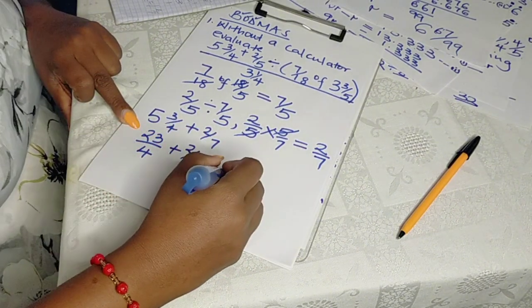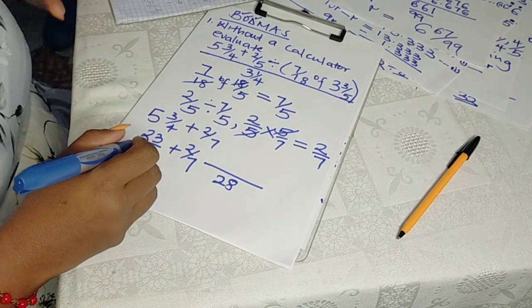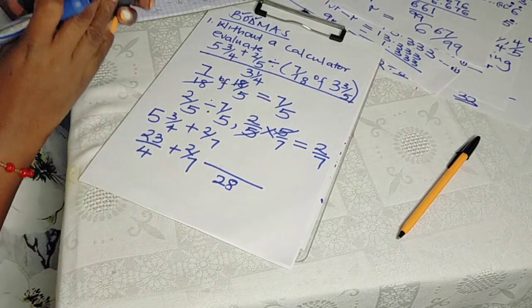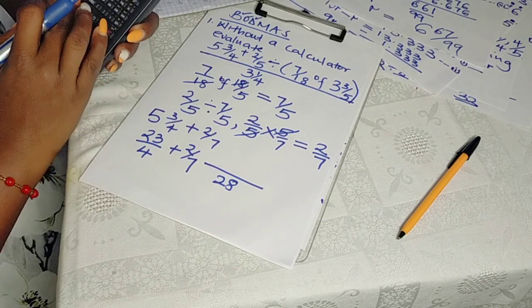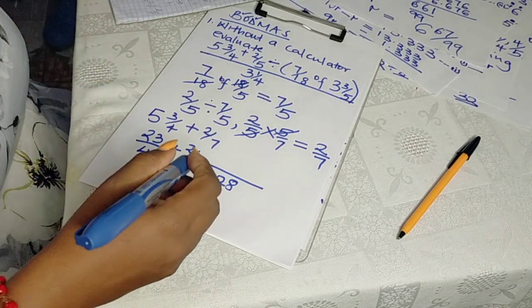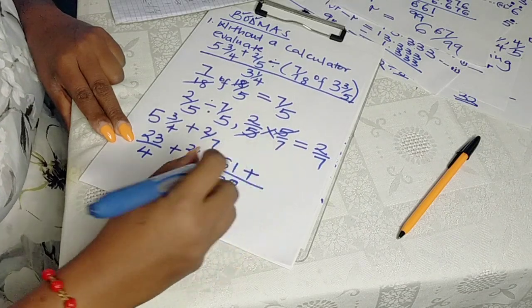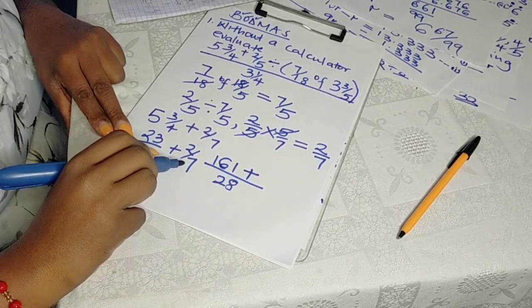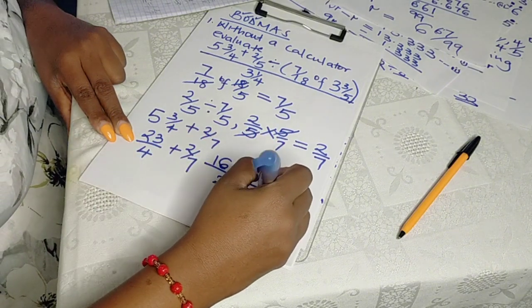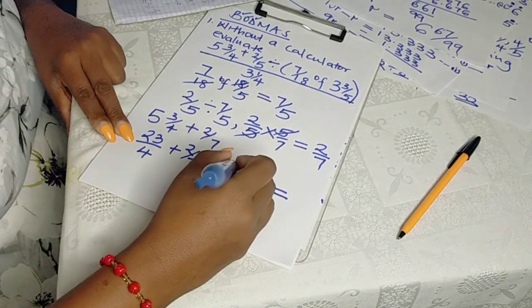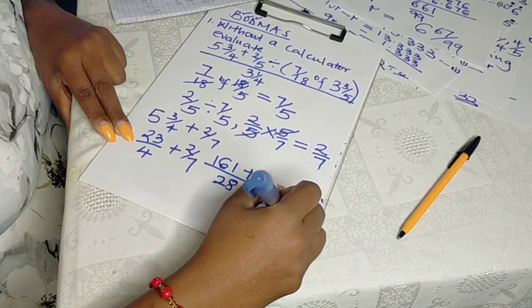LCM is 28. 28 divided by 4 is 7, times 23 is 161, plus 28 divided by 7 is 4, 4 times 2 is 8. So this is going to give us 169 over 28.